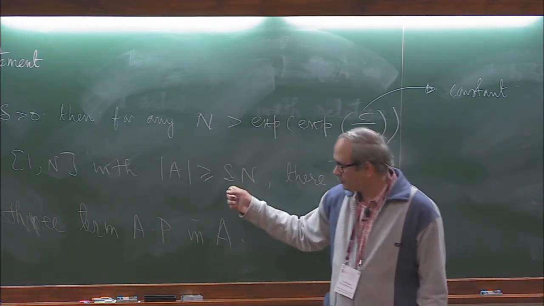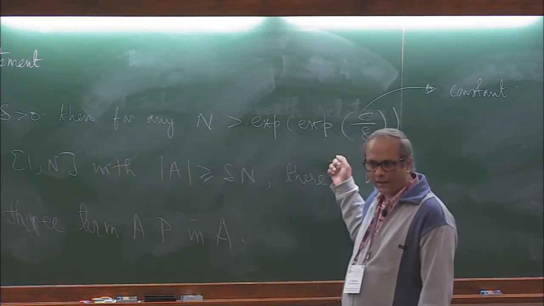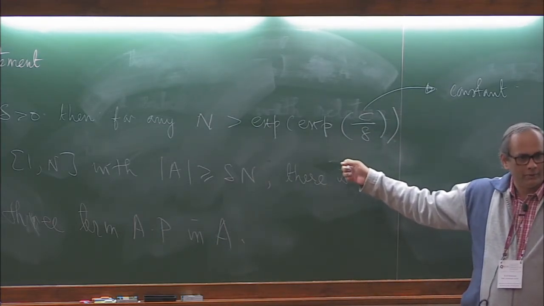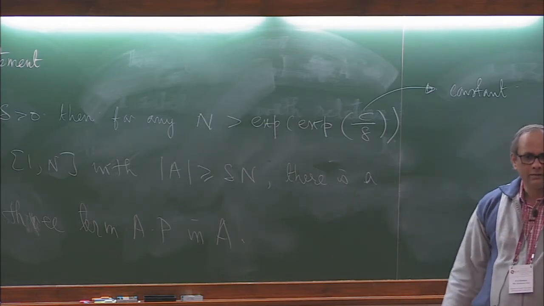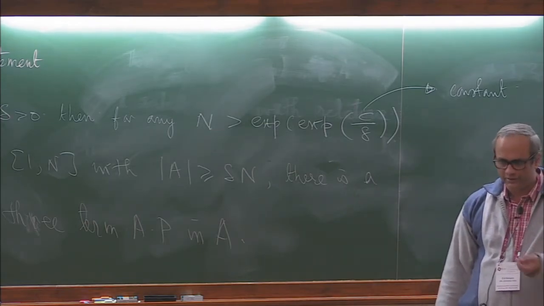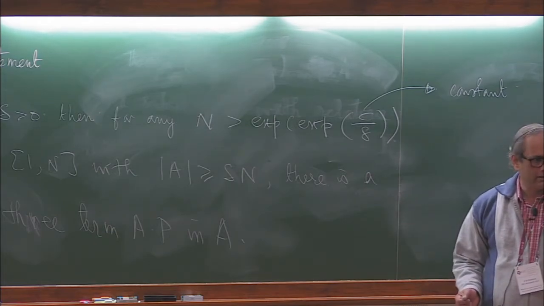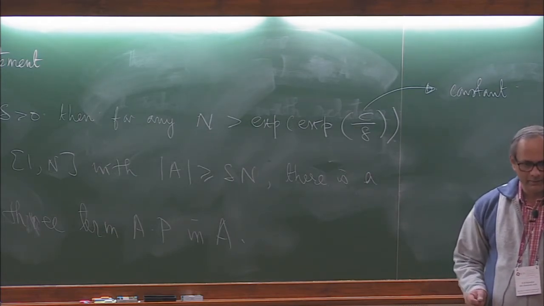If you fix the proportion, you have to go far enough for the n. It has to be bigger than something like this. But once you do that, any set which contains more than that given proportion of the numbers from 1 to n automatically contains a non-trivial 3-term AP.